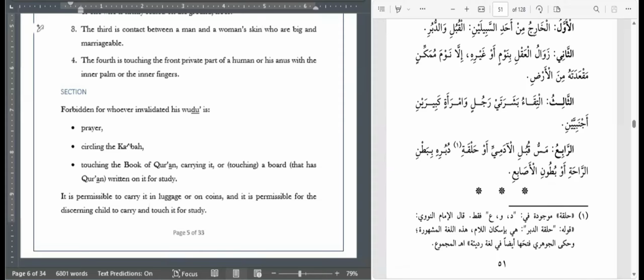So if there's a barrier, then it doesn't break the wudu. Even a very fine barrier, even if it's a very sheer barrier, like what if a woman has on a stocking? The type of stocking that you can see the color of her skin through, so it's not thick. If you touch that stocking, it does not break your wudu.